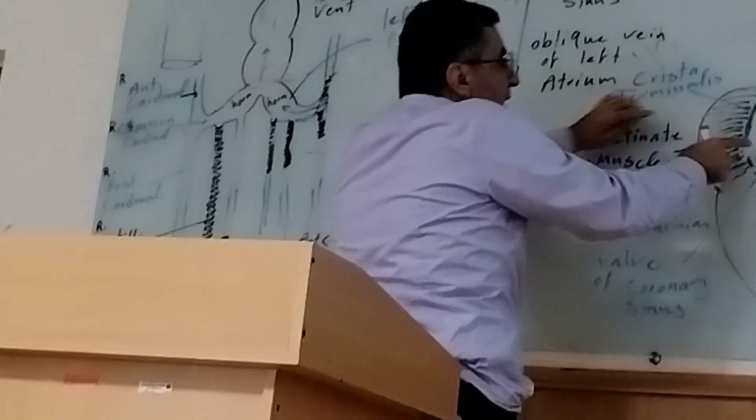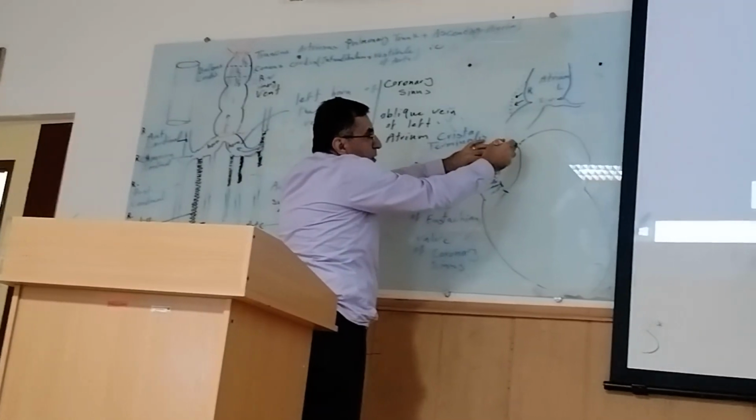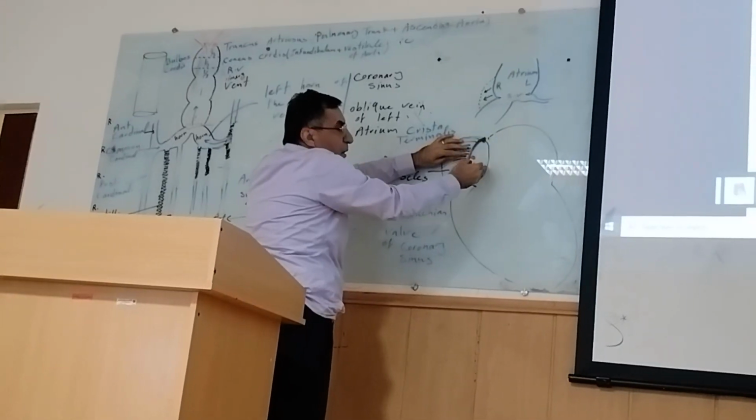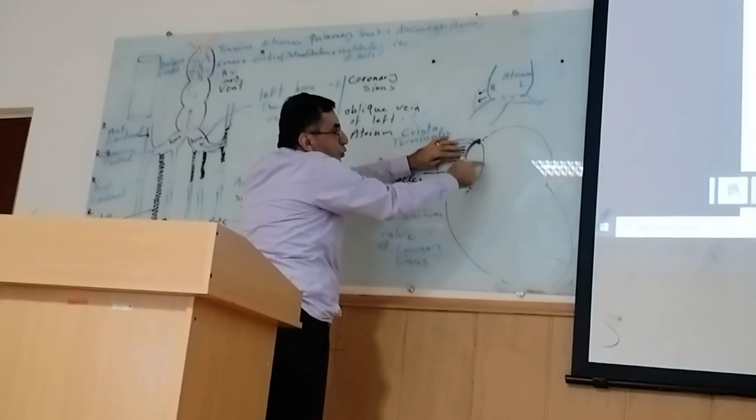Here we have two valves. When they come into the right atrium, the valve of the sinoatrial orifice has two valves, right and left.